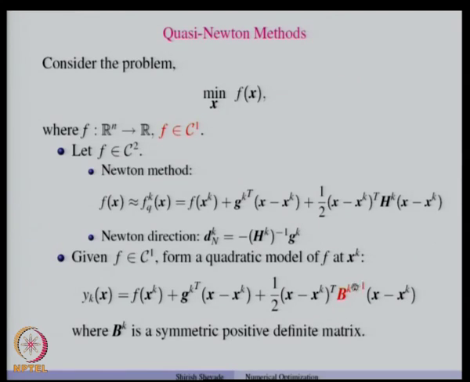We have to make sure that this matrix Bk is a symmetric matrix.